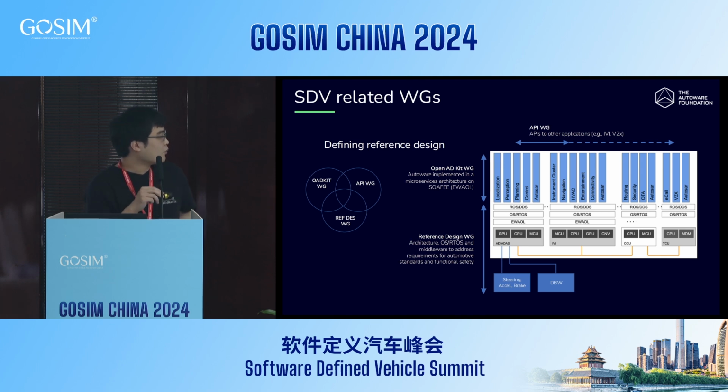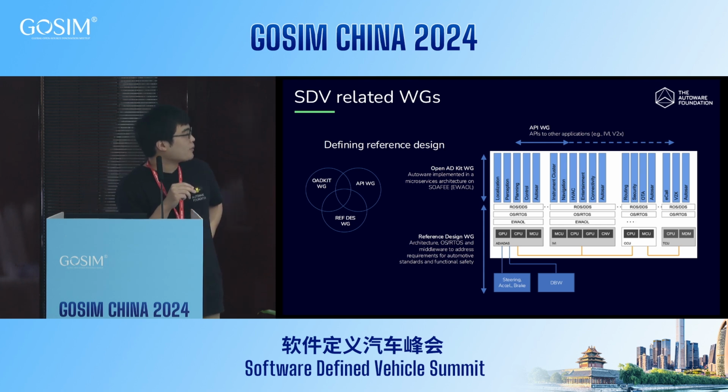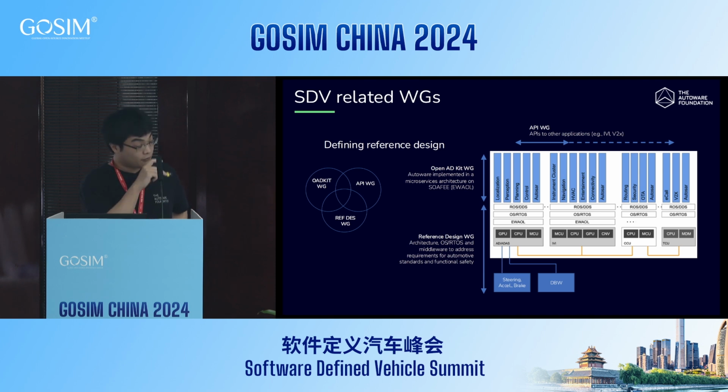In the meantime, we also have a reference design working group to discuss the reference hardware that we deploy this OpenAD Kit to. And we also have an API working group, which focuses on the design of the interface used to communicate between these isolated modules that I explained earlier, to make sure that we have a good interface between these modules.